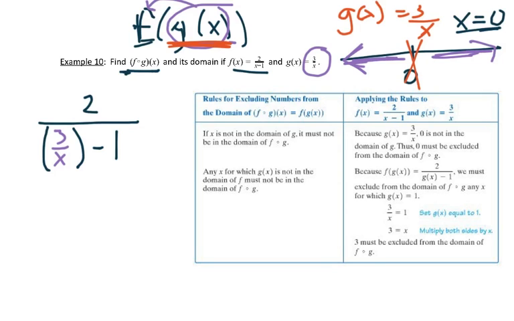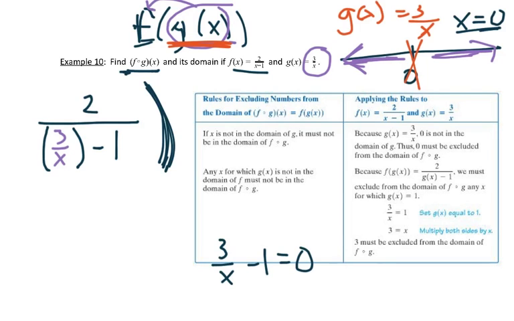The second part of our domain happens with this fraction over here that we're dealing with. So in this fraction, the one that we're trying to find, we need to look at that denominator. So that would be 3 over x minus 1 and find out where it's equal to 0.